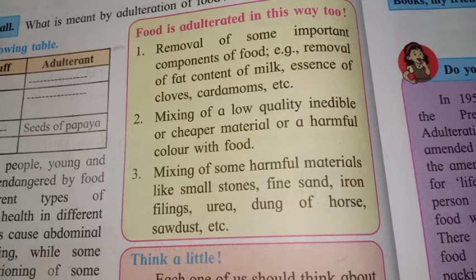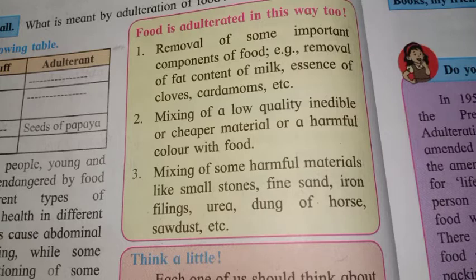Removal of some important components of food. For example, removal of fat content of milk, then essence of cloves and cardamoms, etc. Okay. Now another way we can say, mixing of low quality, inedible or cheaper material or harmful color with food.